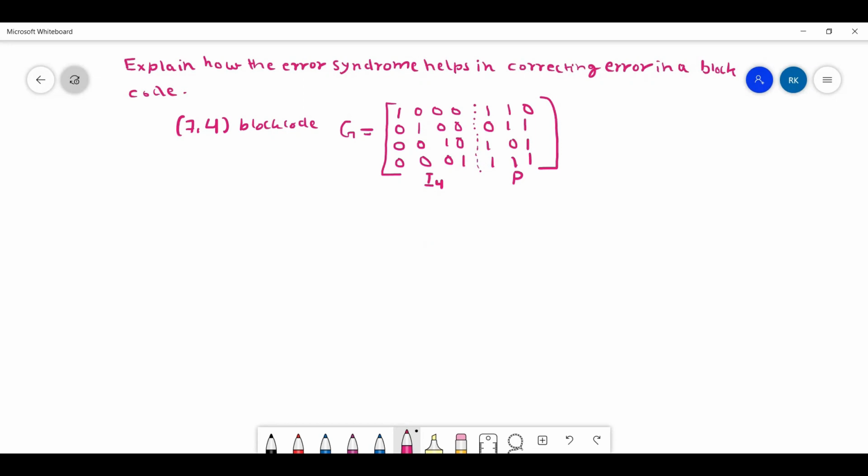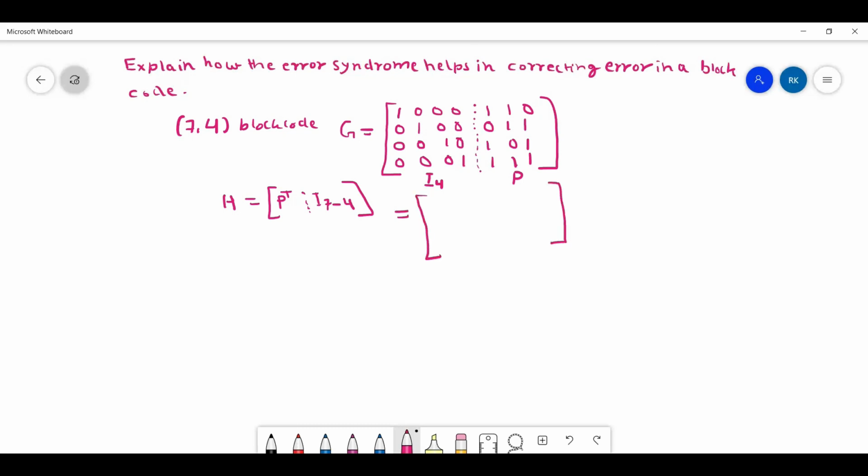Now the parity check matrix is given by H, which is a modification of this parity matrix P. Transpose of P is P^T, and we append it with this identity matrix of size n minus k, where n is 7 and k is 4. So we have this much size parity check matrix.